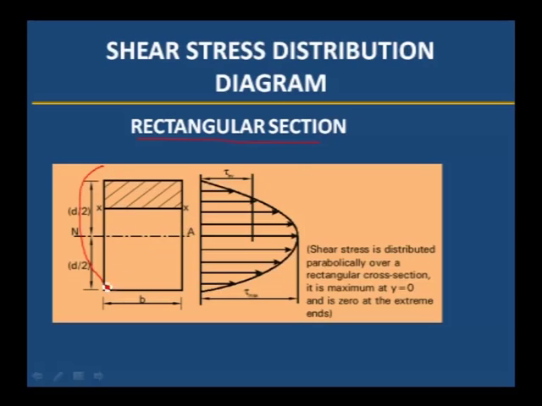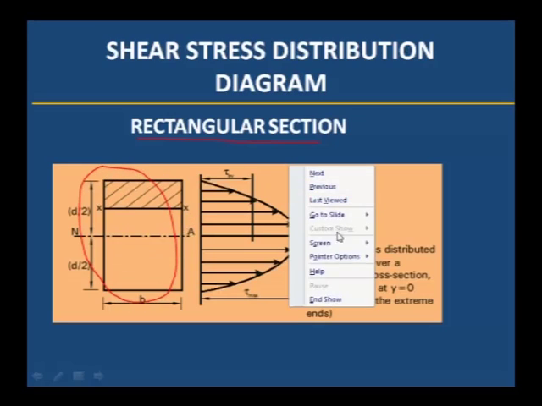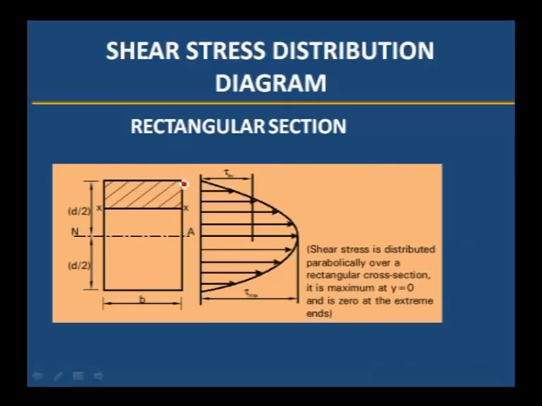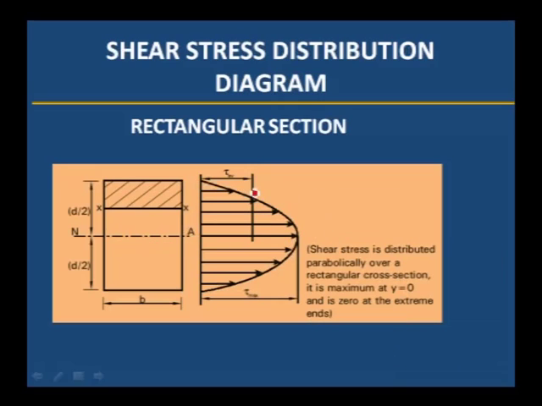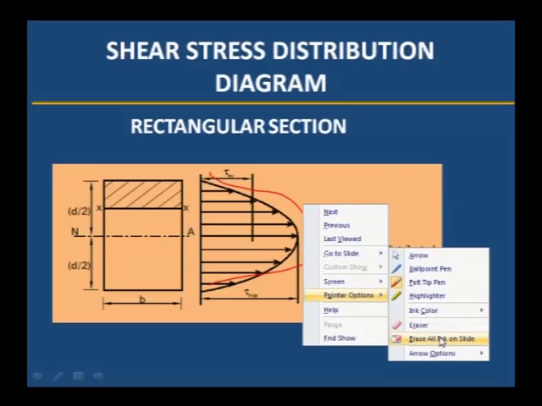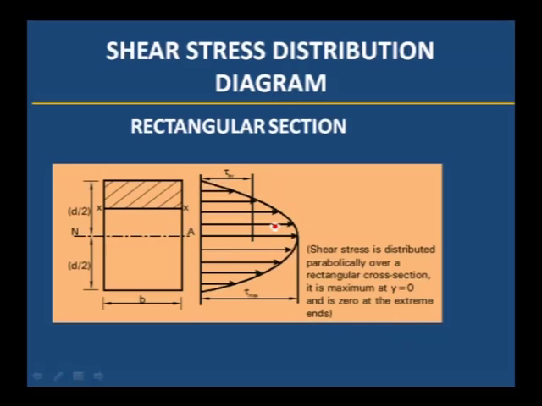This is the cross section of the beam, and you can observe that shear stress is 0 at the two ends and increases toward the neutral axis, with the average shear stress somewhere in between and maximum shear stress at the neutral axis. It is a parabolic curve. The shear stress distribution is parabolic for the rectangular section.